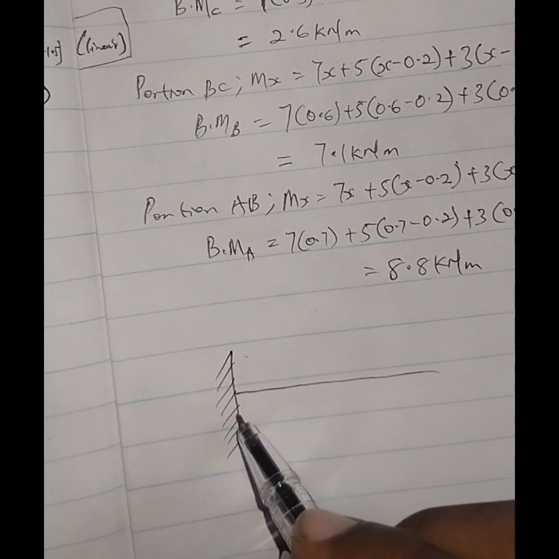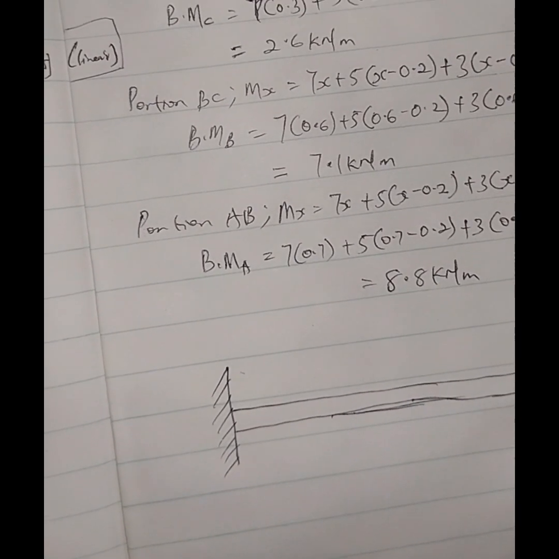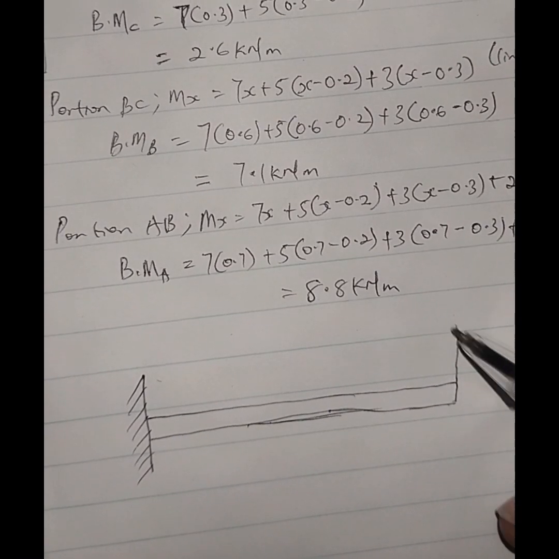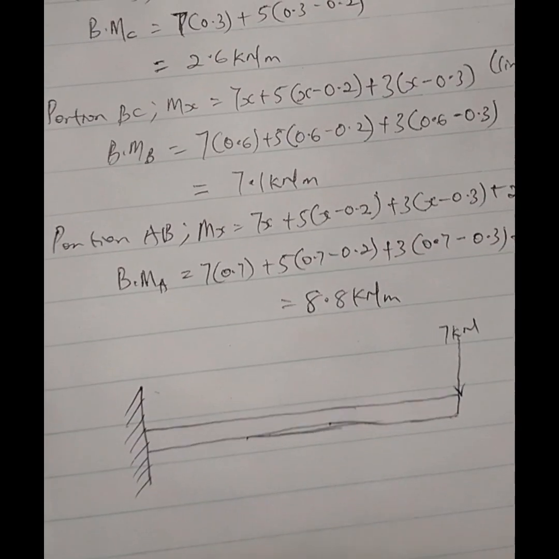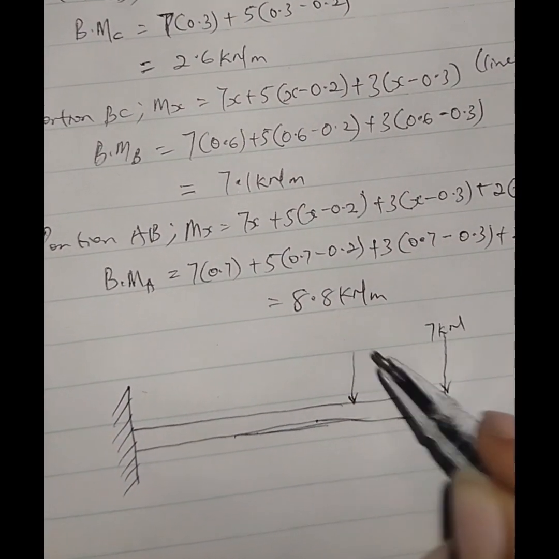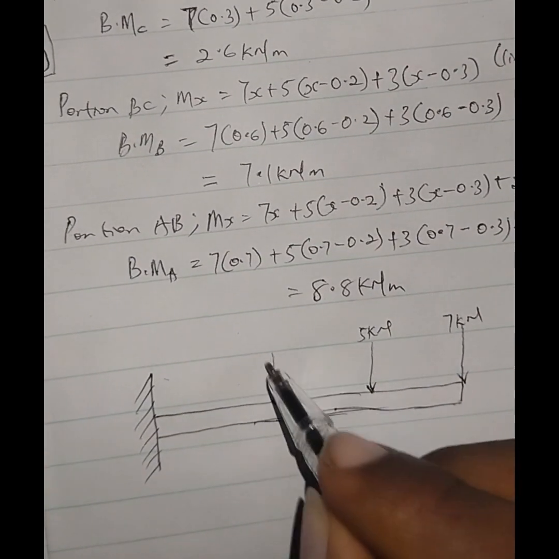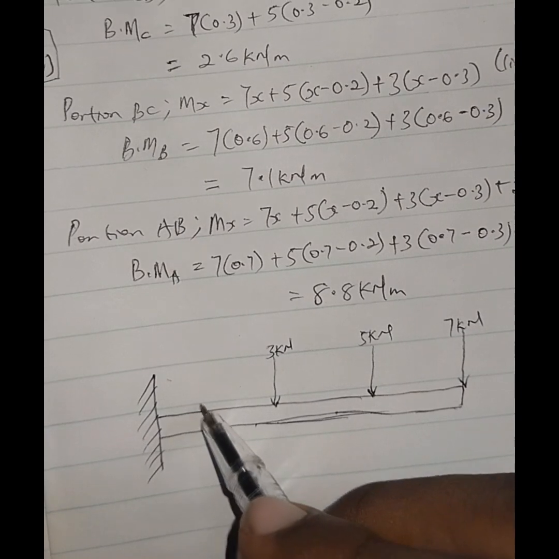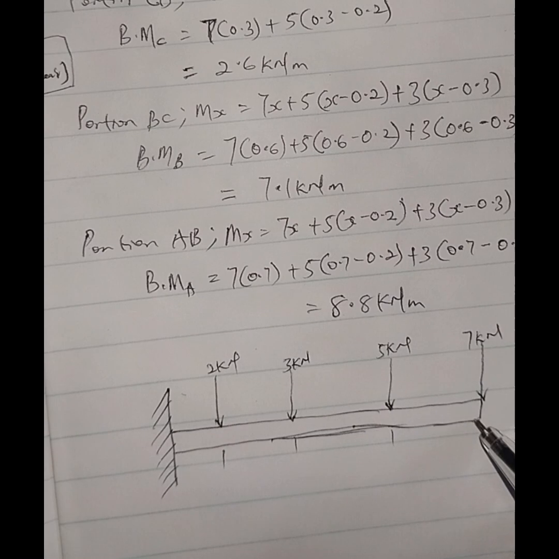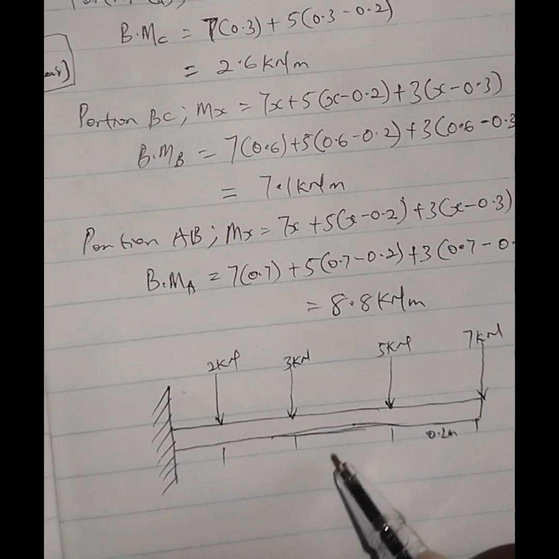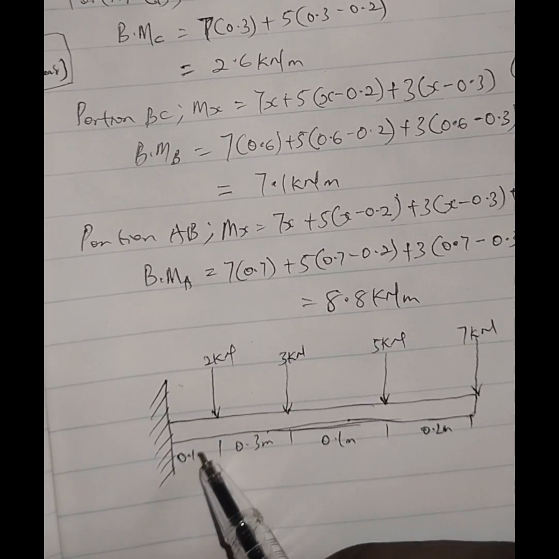The question: it's 7 kilonewton, 5 kilonewton, 3 kilonewton, 2 kilonewton. 0.1 meter, 0.3 meter, 0.1 meter.